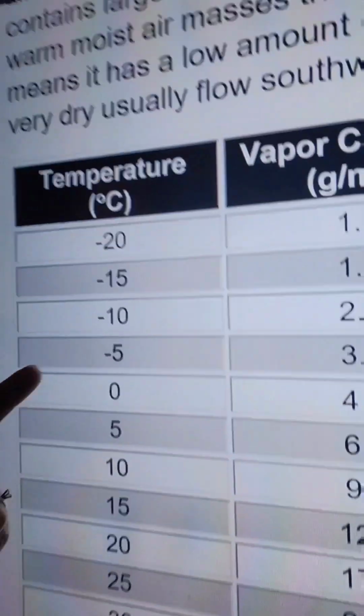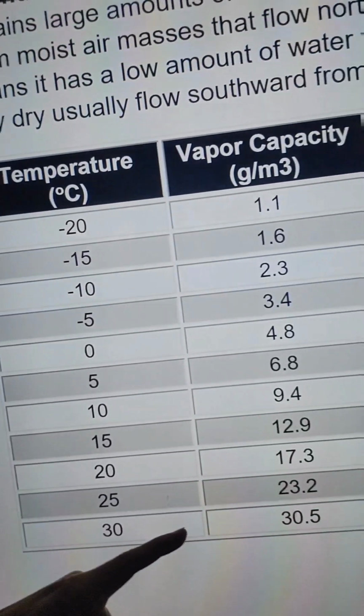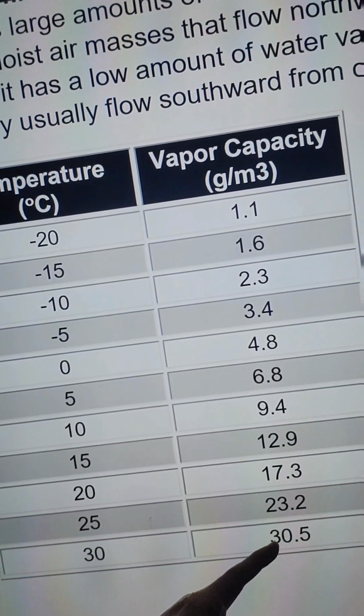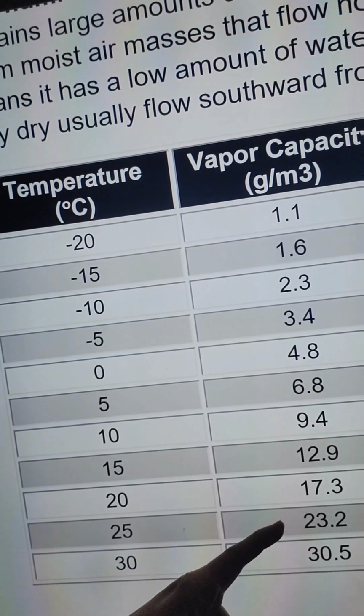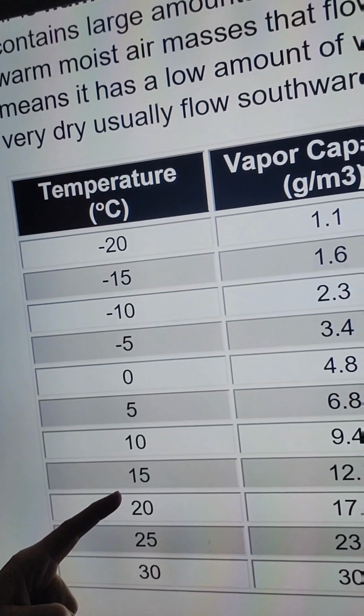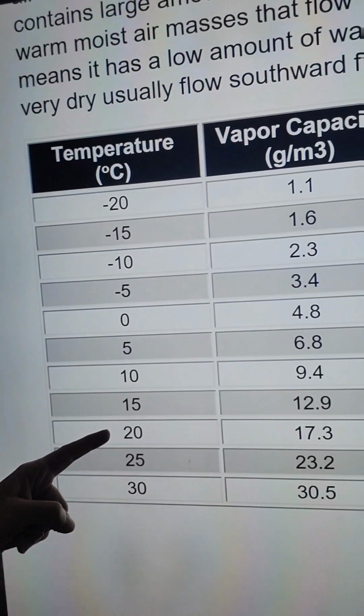In fact, we've got this chart here. At a certain temperature, this much moisture could be held in that air. So at about room temperature, it would be about 20 degrees.